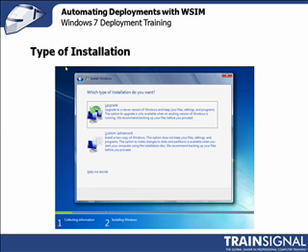Choose the type of installation, either an upgrade or a custom installation. Remember, upgrading can only be done from other versions of Windows 7 or Vista. You cannot do an upgrade from XP to Windows 7. That's called a migration. Another option you have here is a custom installation.